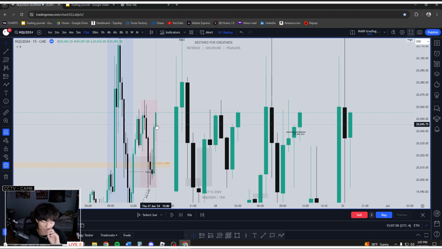So like I said, back to time frame alignment, we have the same objective on the 1 hour as the 30-minute and the 15-minute. All three of those time frames are targeting that swing high.